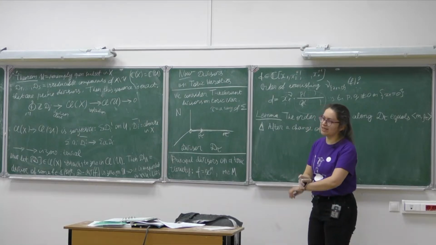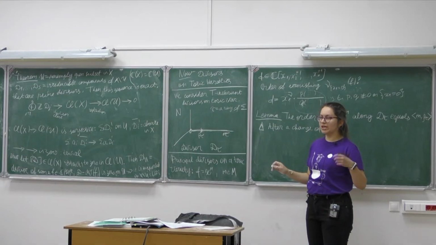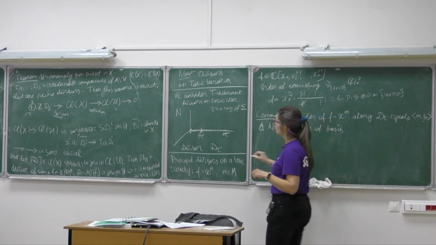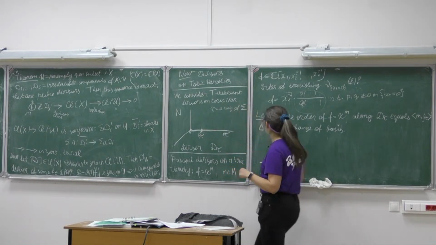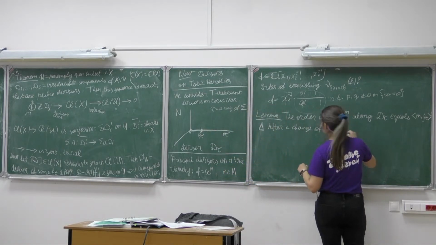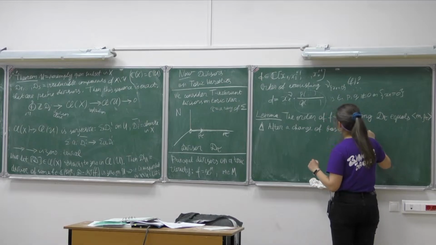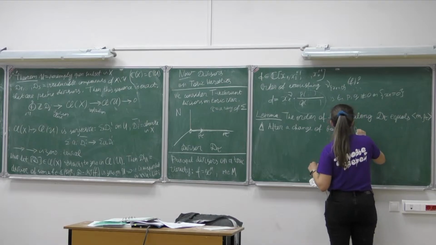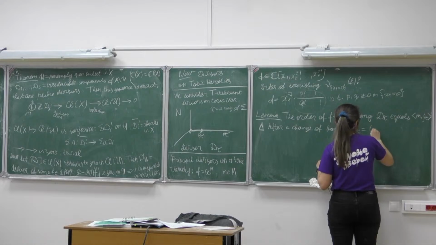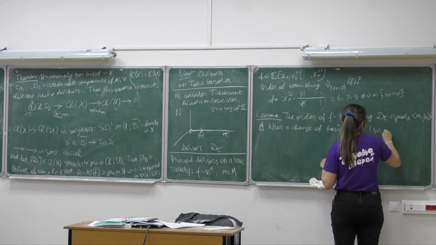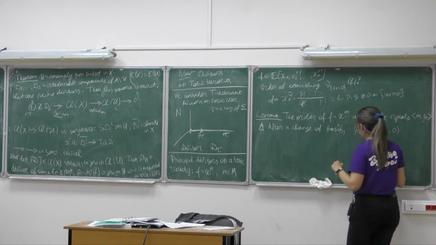If we have a lattice N, we can construct a basis starting with any primitive vector. After change of basis, rho tau will be the vector 1, 0, etc., 0.